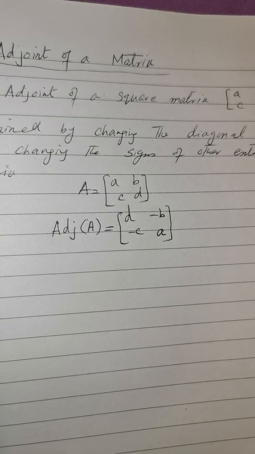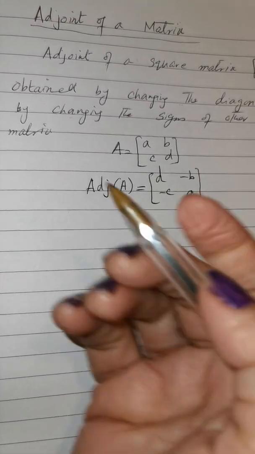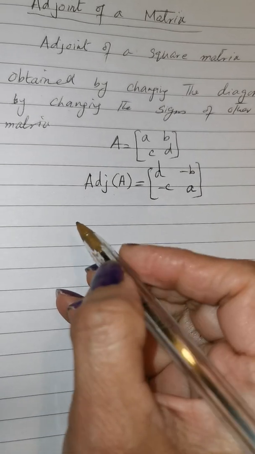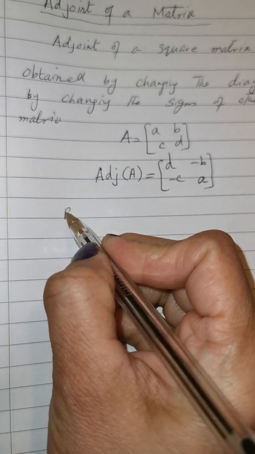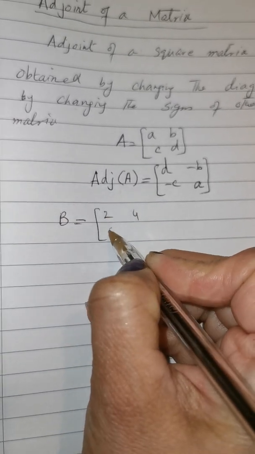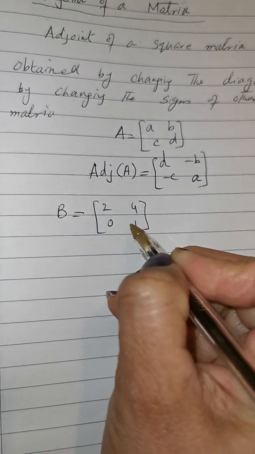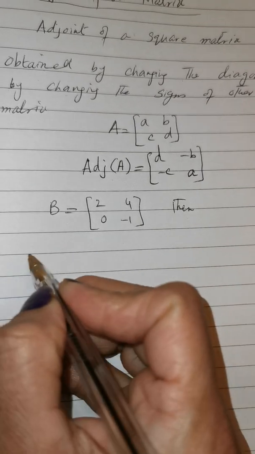This is my adjoint of A, right? It's so simple. If, for example, I take an example in numbers, let B be the matrix 2 4 0 1, then what will be its adjoint?